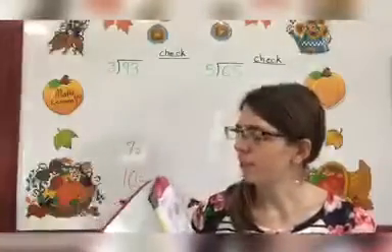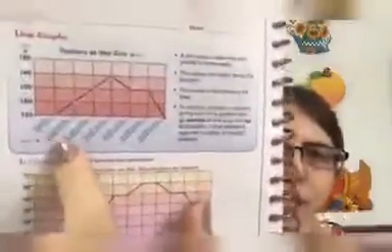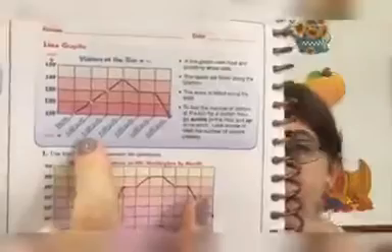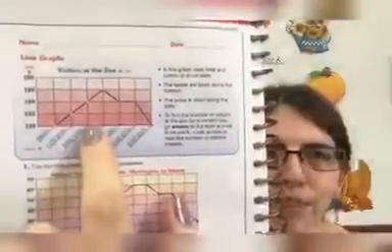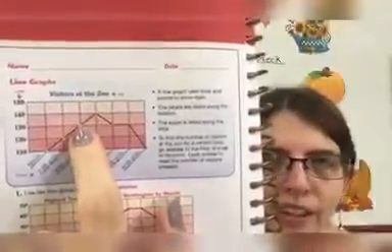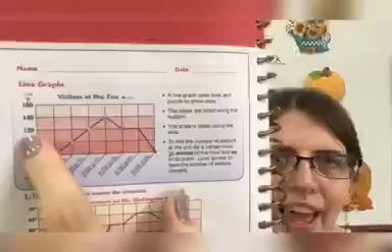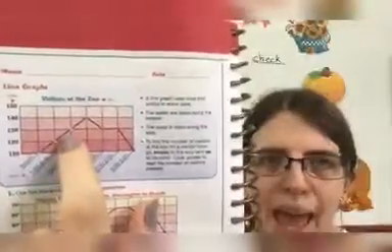For example, if I want to know how many people were there at 2 p.m., I go across to where it says 2 p.m. Now I go up to where the point is. There's my point. What line is that on? It's on 130. So 130 people were there at 2 p.m.